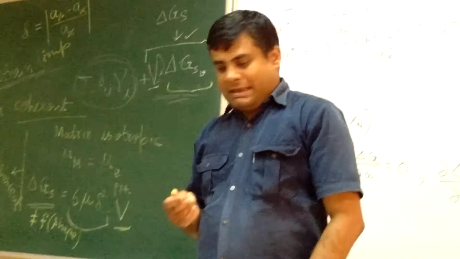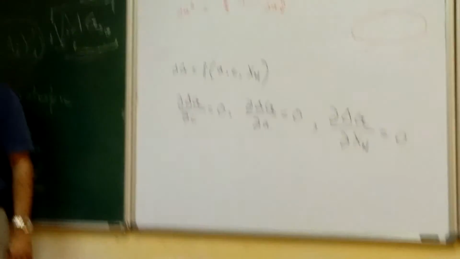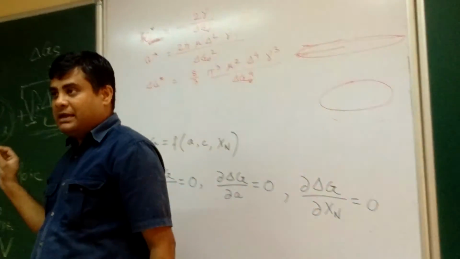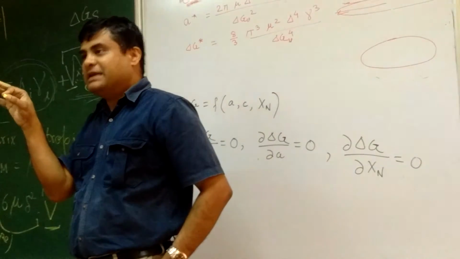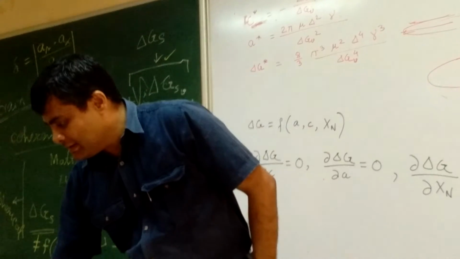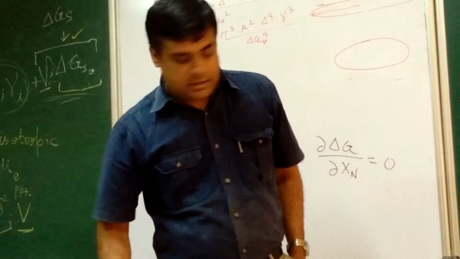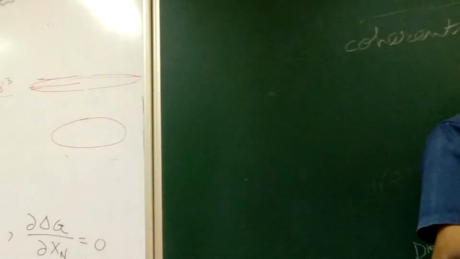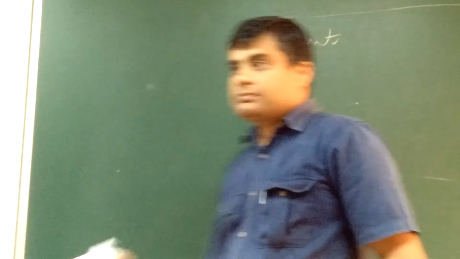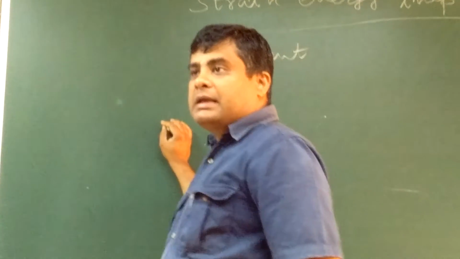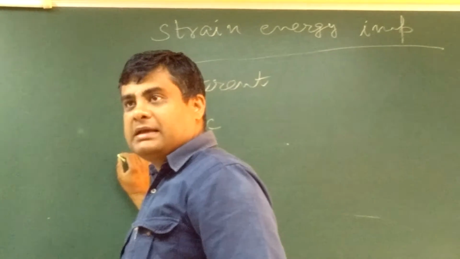And usually these are for when the matrix is isotropic, but if the matrix is anisotropic and strain energy is important, then a coherent precipitate will be of disc shape. And usually what you will find is that in many of the cubic crystals, different directions have different elastic modulus.